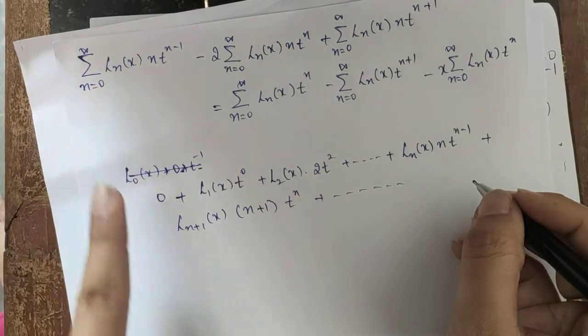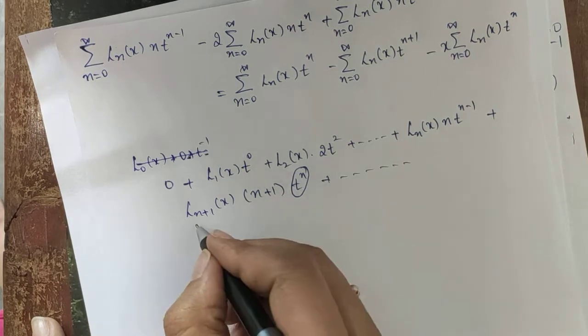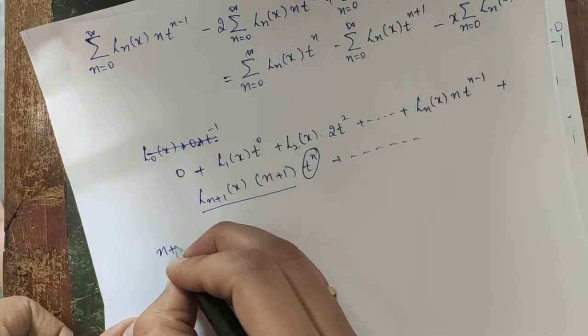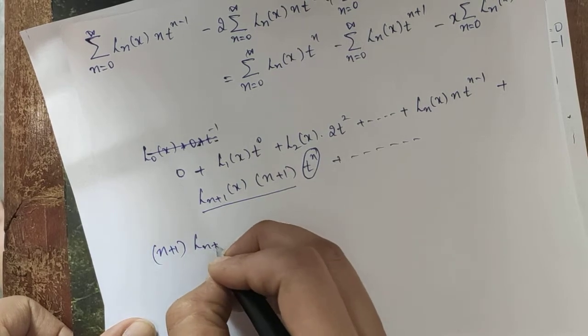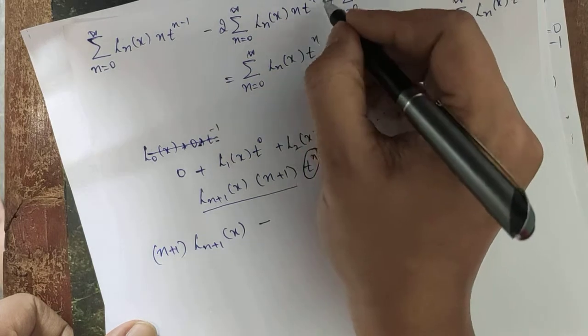This is nothing but your first part, right? Since we are equating the coefficient of t power n, the first term will be n plus 1 into L_(n+1) of x. So the second term, t power n is there.